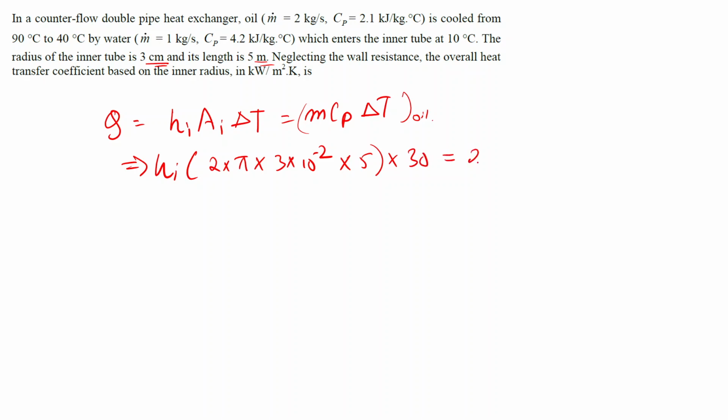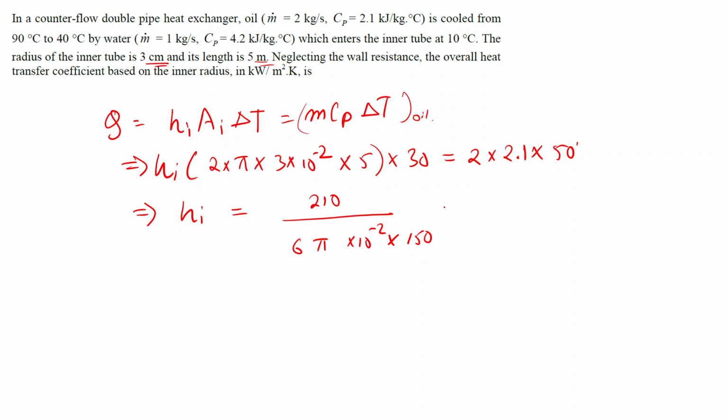Mass flow rate of the oil was 2, Cp was 2.1 and delta T was 90 minus 40, that is 50 degrees Celsius. So from here we can get this Hi is 210 upon, that is we can write 6 pi 10 raised to minus 2 into 150.